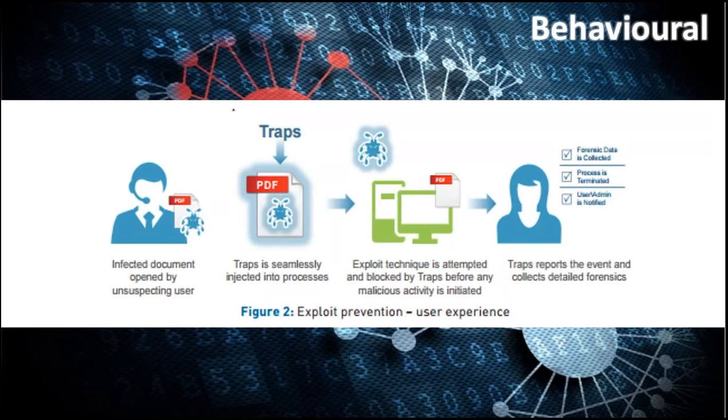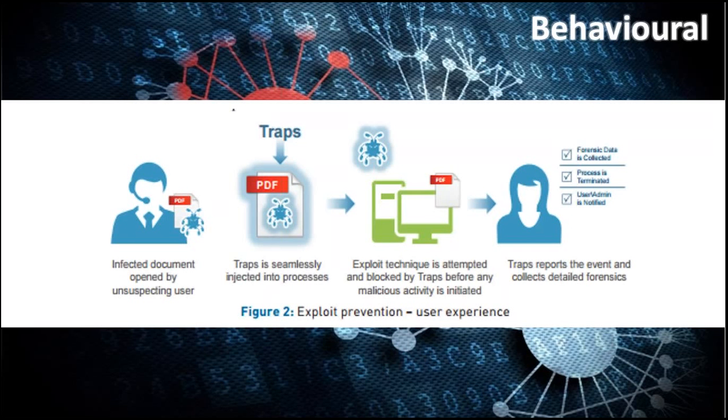At least one of these 12 exploits will be found in 99% of the signature-based malware which is identified in your current antivirus platform. What we are doing here is we are looking at those behaviors. So if we can inject the PDF or whatever other document type it is, if we can see that exploit technique, it will be prevented from executing.